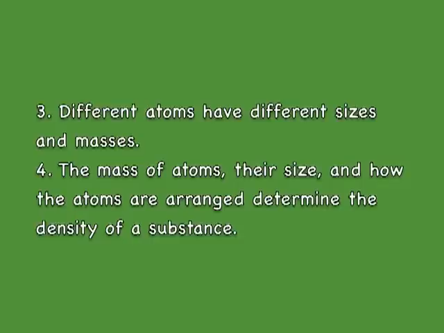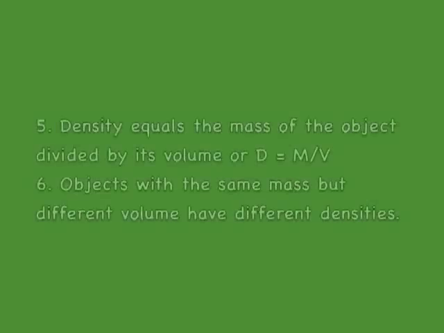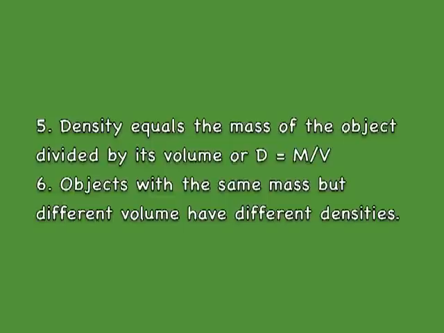And the mass of atoms, their size, and how the atoms are arranged determine the density of a substance. Number 5, density equals the mass of the object divided by its volume, or in other words, D equals m over V. And number 6, objects with the same mass but different volumes have different densities.